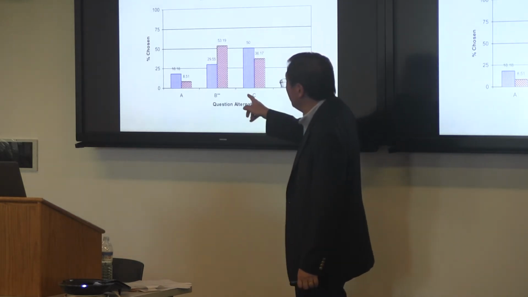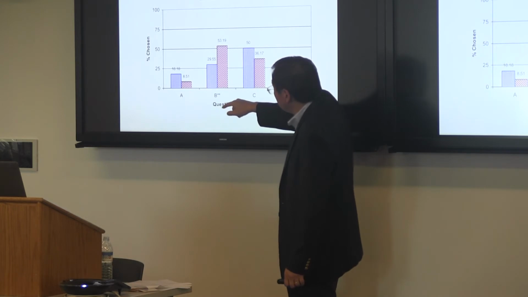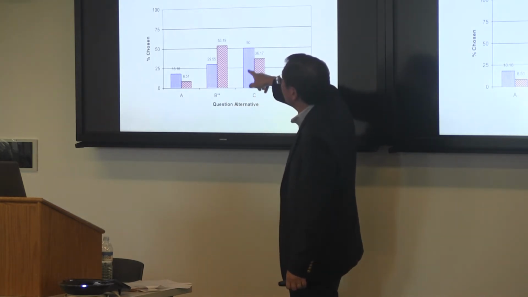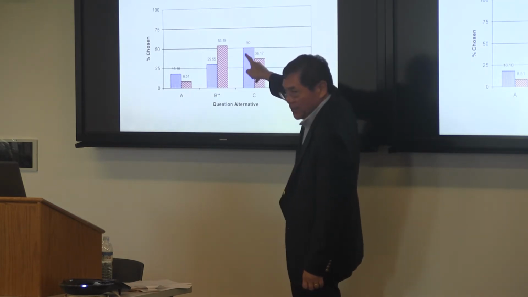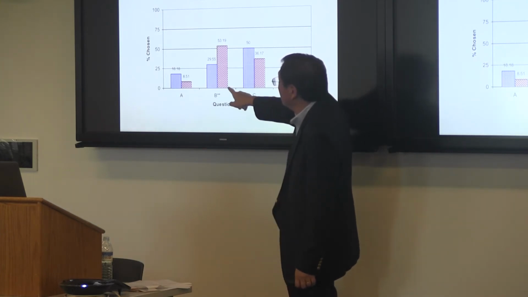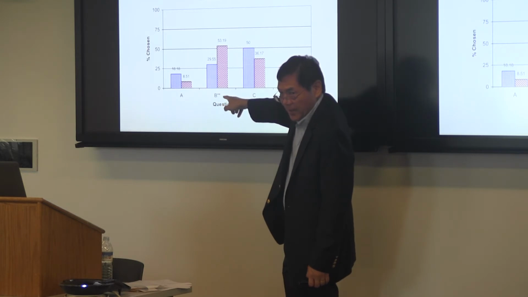Okay, so the blue bar is no concept test, and the red bar is with the concept test. B is the correct answer, C is the misconception. You see with no concept test, half the class fell for the misconception, right? Now with the concept test though, the modal response was the correct response.